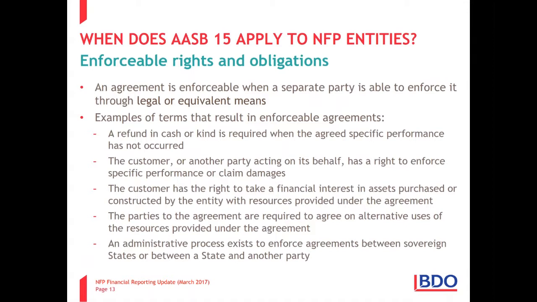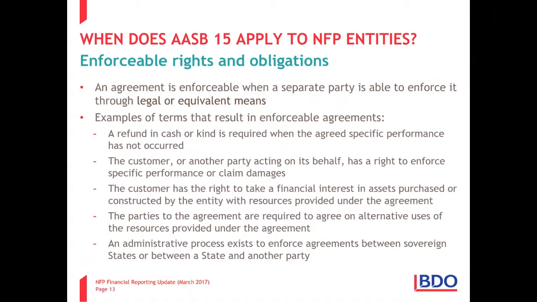I've got a few examples here. The first one: if you are not doing as instructed, so we give you a government grant and you do not provide food to the homeless, a refund is required. You have to come back and say, here's the money because I haven't done as you've asked me or instructed me to do. So a refund could be an indicator, and it would result in enforceable agreements.